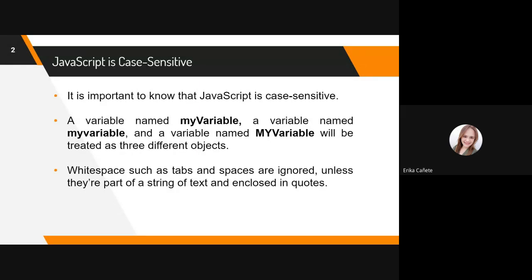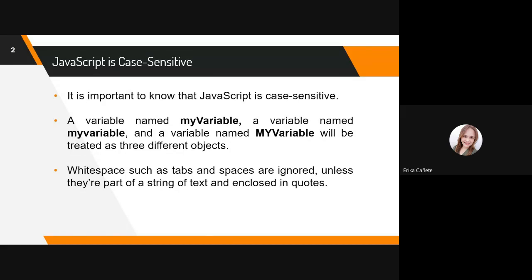So a variable named myVariable, as you can see in the presentation, and variations of it will be treated as three different objects. Why? Again, because JavaScript is case sensitive.